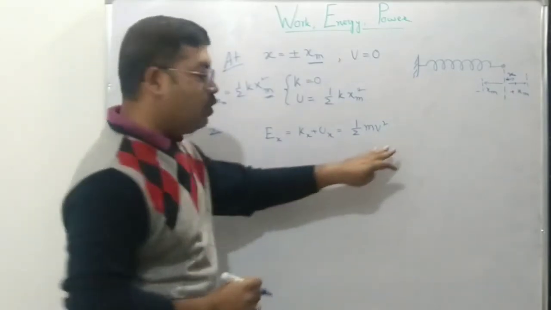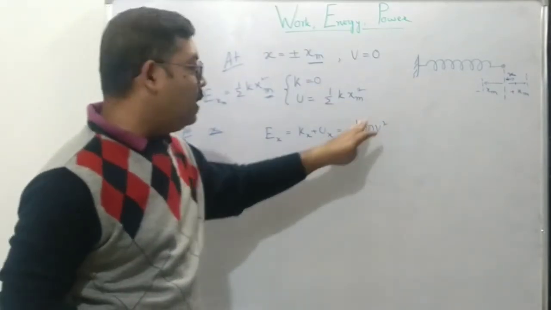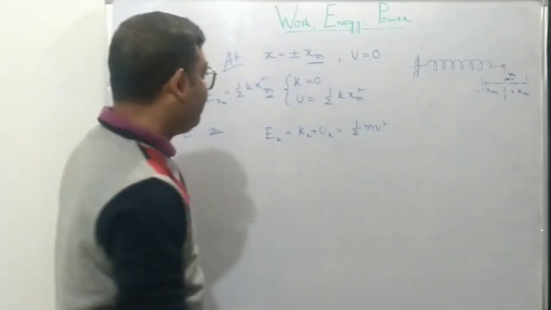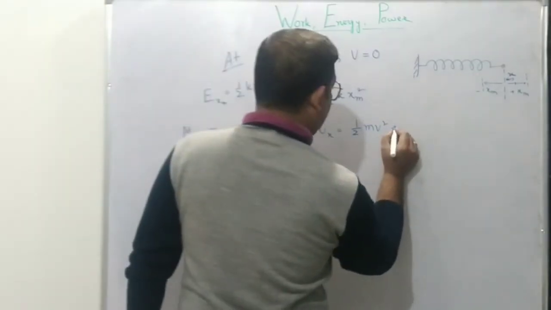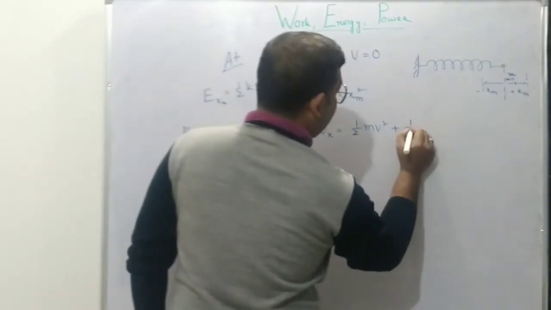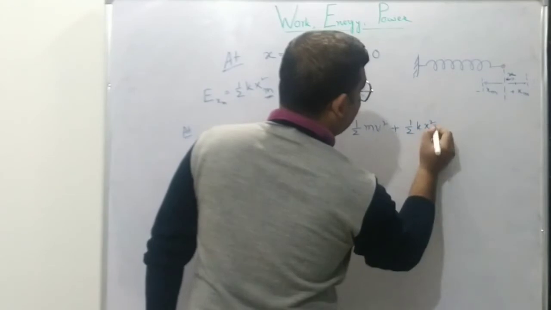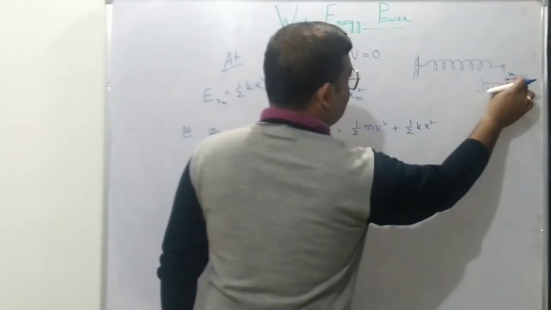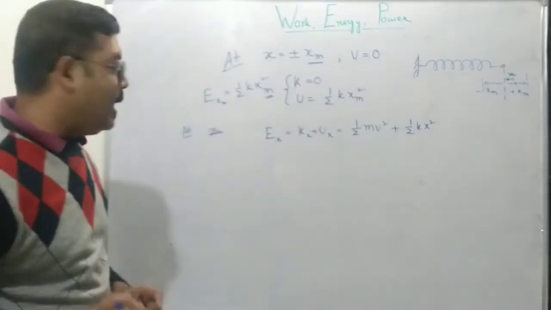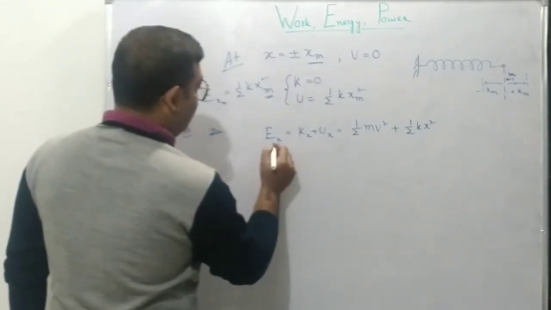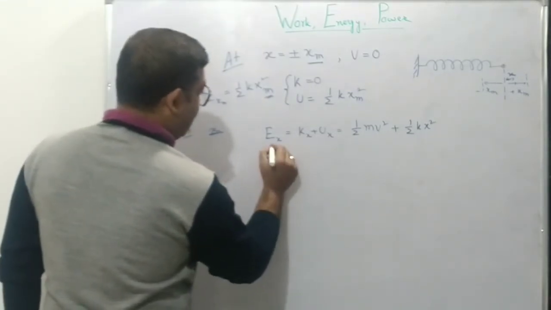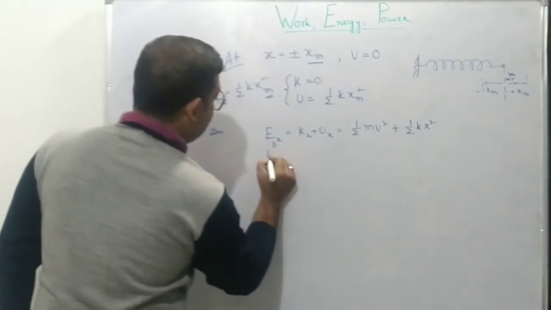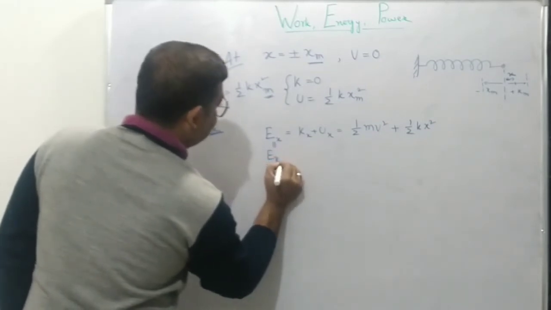We do not know it, but we know that it will be a certain velocity, and so we call this v. And what is U at x? U is half k x squared, because the extension is now x, or the compression is x right now. So because of conservation of mechanical energy, this Ex must be equal to Exm.